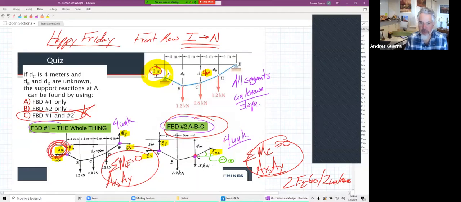This 3 meters was the distance between A and E, which is why the moment about E will only have AX and AY. And when we sum moments about point C, because we know the distance from A down to point C is 1 meter, we know the moment arms for AX and AY, so we only have an AX and an AY.